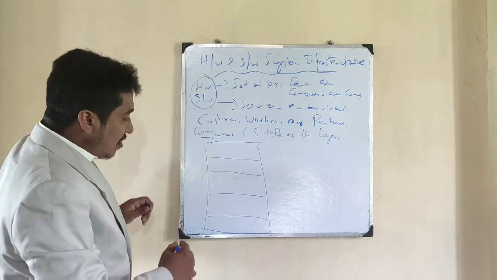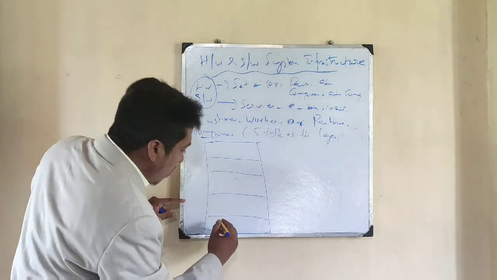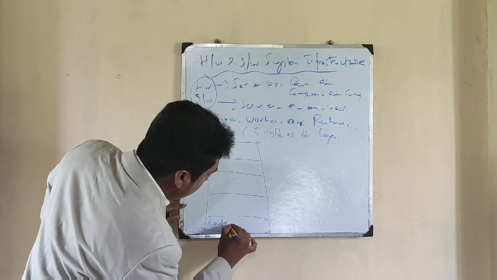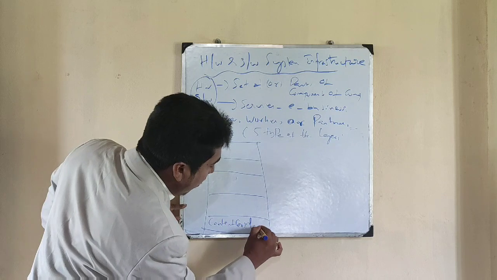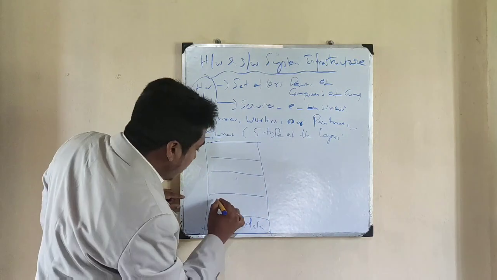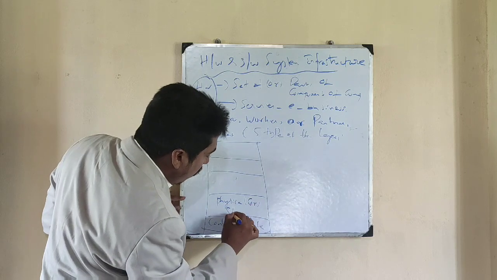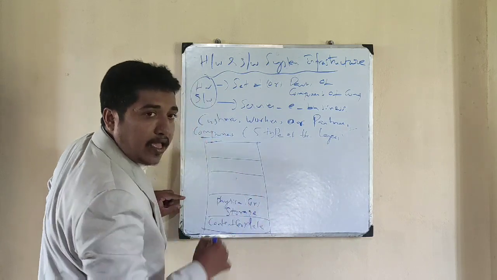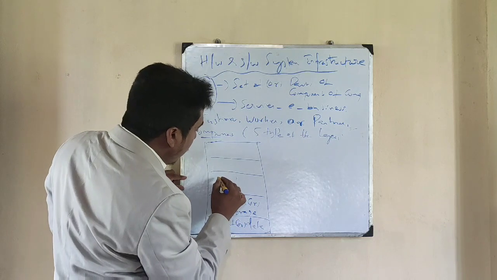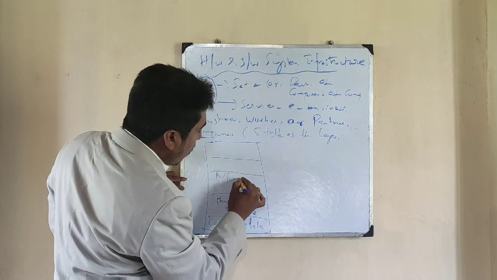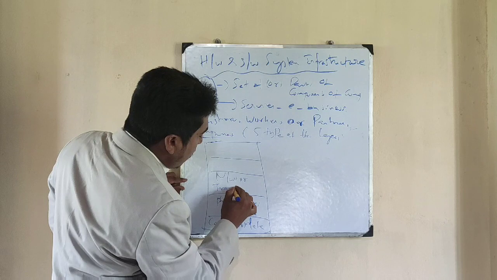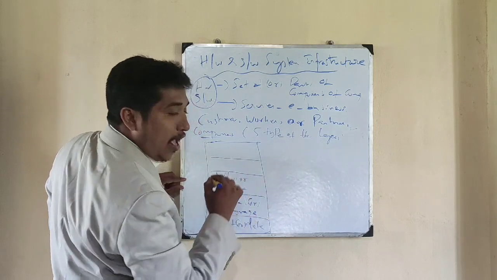In these layers, the first is the content or data layer. Next is the physical or storage layer. This one is the network or transport layer.